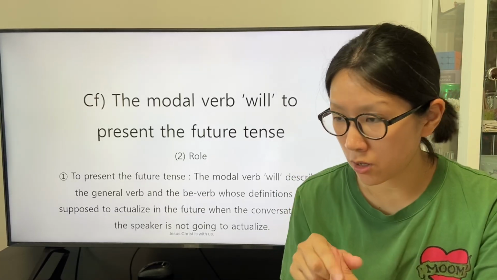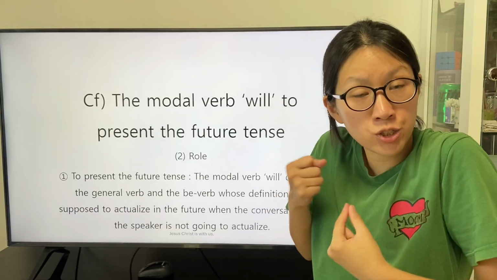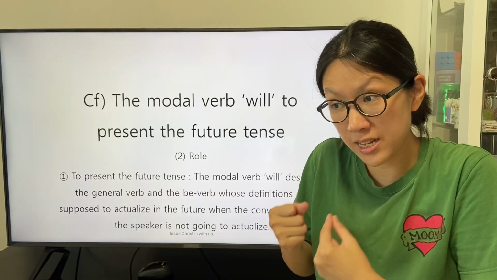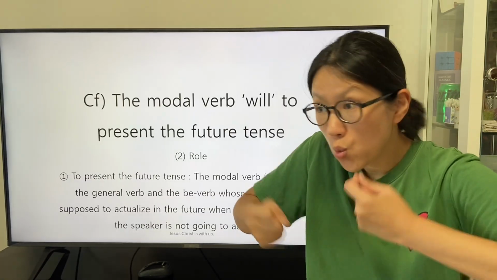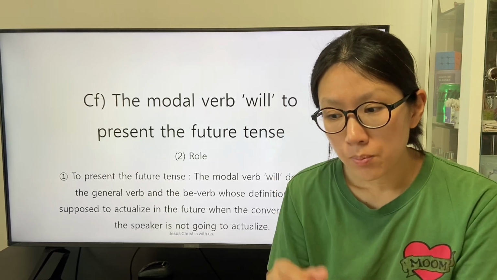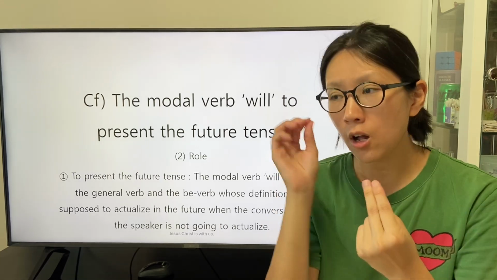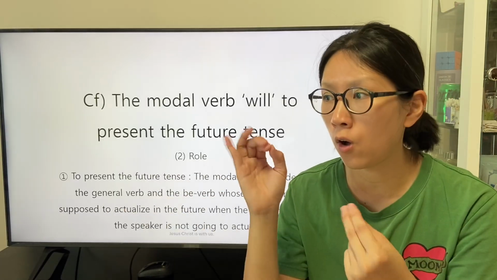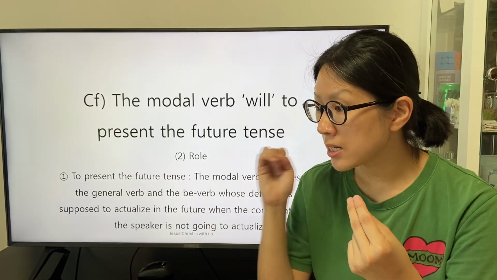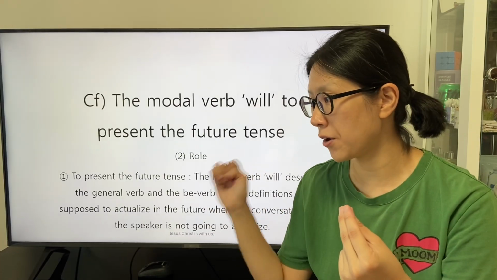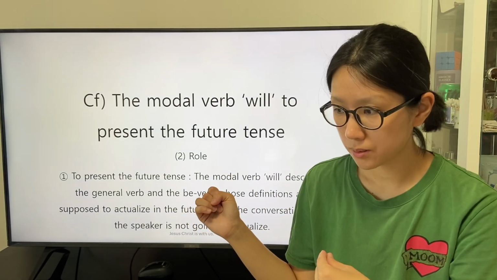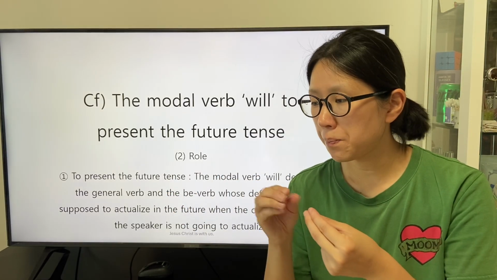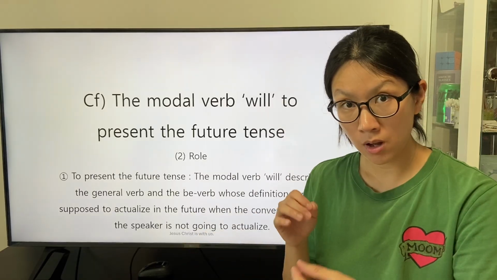We can understand that the subject actualizes the action indicated by the intransitive verb go, and the speaker applies the preposition to reveal the destination of the action indicated by the intransitive verb go, that is stated in the form of the present participle going to specify the definition of the be verb.